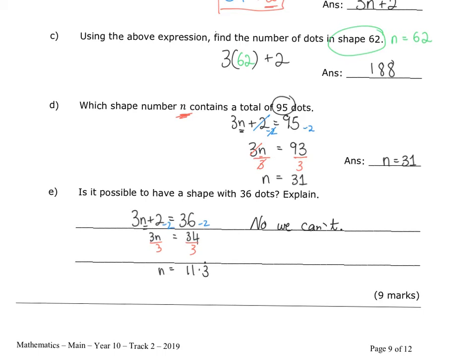So we can say that we can't have shape 11.3 recurring. We can say that shape 11 will have 3n plus 2.